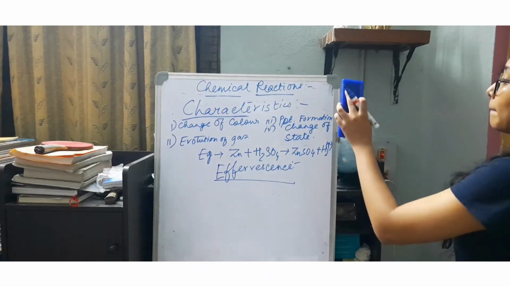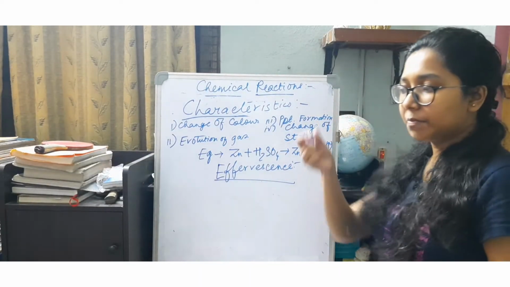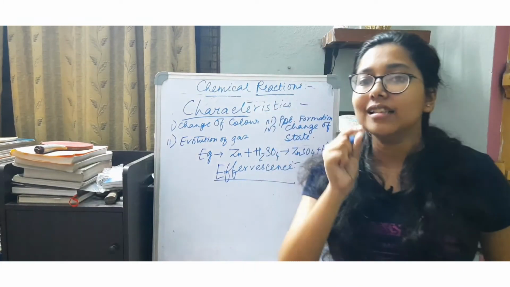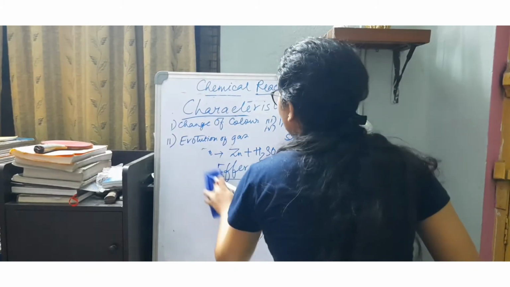Third one is precipitate formation. Now if you don't know what a precipitate is, it is actually the insoluble solute that is left down. What do I mean by that?